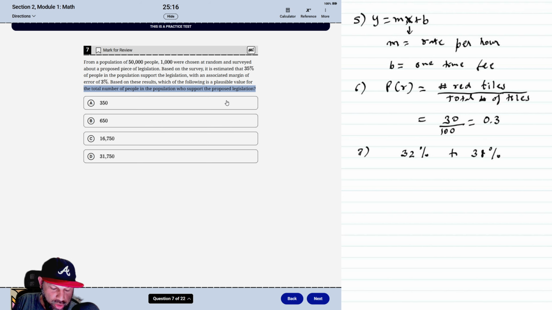So that means that we have to take 32% of 50,000 because that's the total population, and on the higher side it will be 38% of 50,000. So we'll take 32 divided by 100 times 50,000, and that's going to be equal to 16,000.